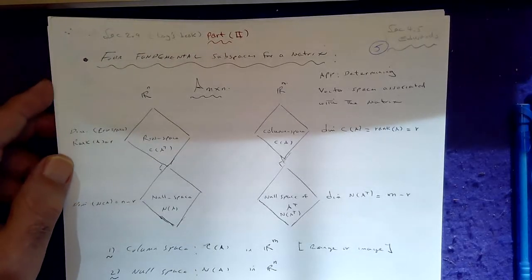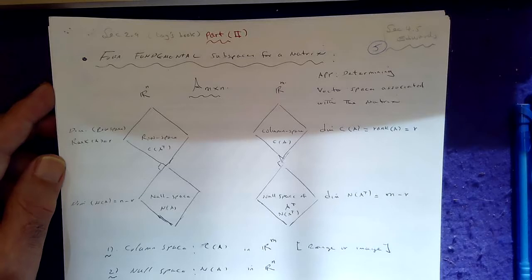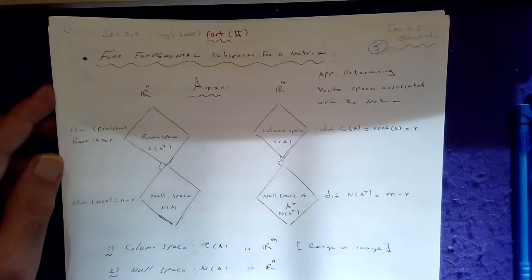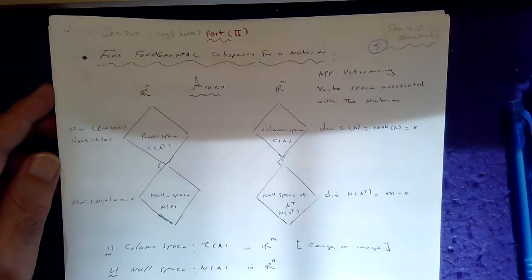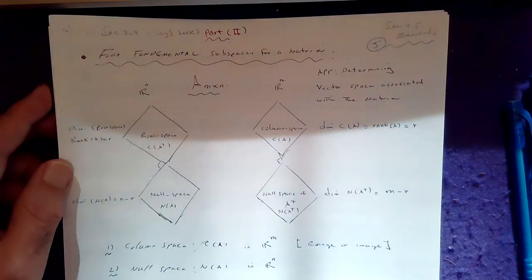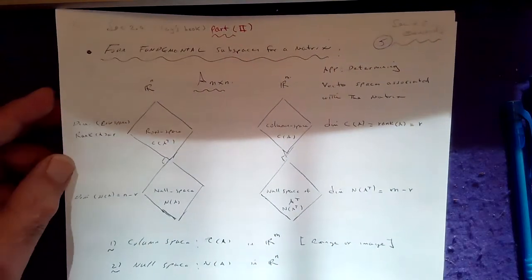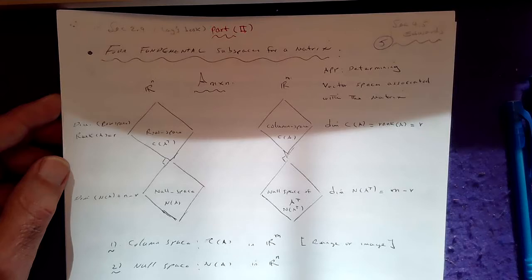We would like to go over these subspaces and see how you determine a basis for them, how you determine the dimension of these subspaces, and what would be the application of it. Why do we learn this section?